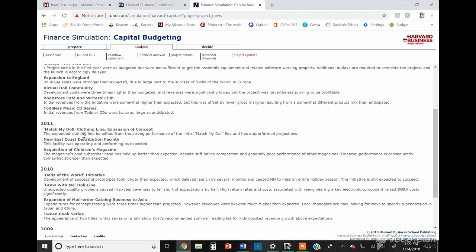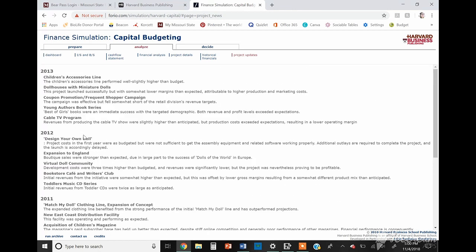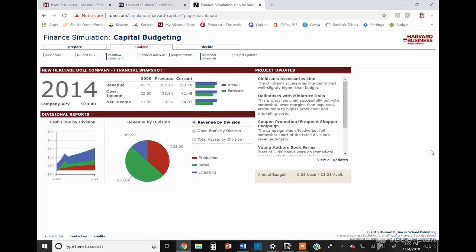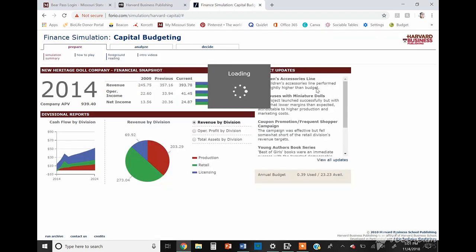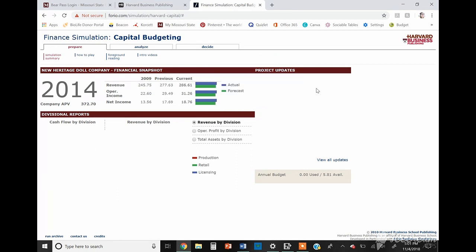It also can limit how many projects you choose based on your budget. So for this one, I think it shows you in the dashboard. That was my budget. And so I had a way higher budget than in other scenarios, and so I could choose more. When I moved on to scenario C, which you can see here, I had a lower budget, and I think it'll show you.